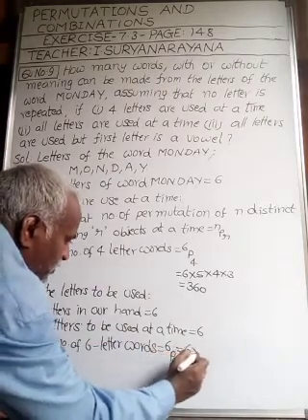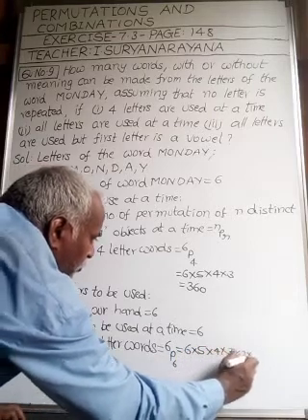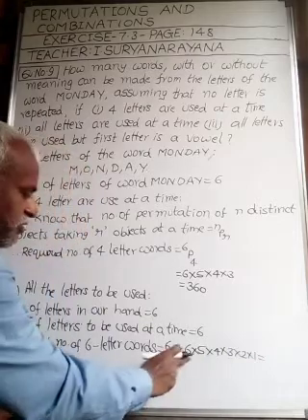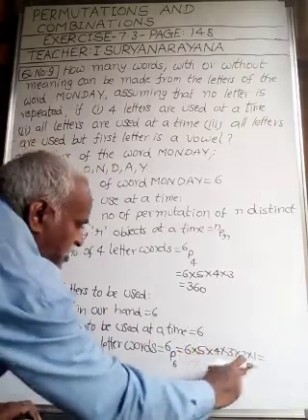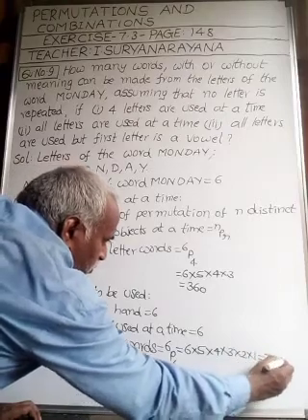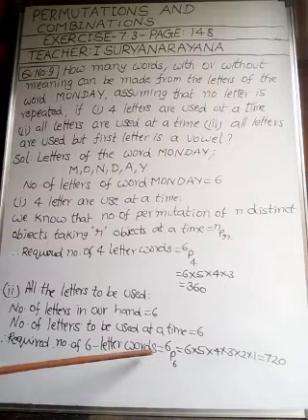How do you find? 6 into 5 into 4 into 3 into 2 into 1. 6 5 is 30, 30 4 is 120, 120 into 6 is 720. Understood this step, my children?